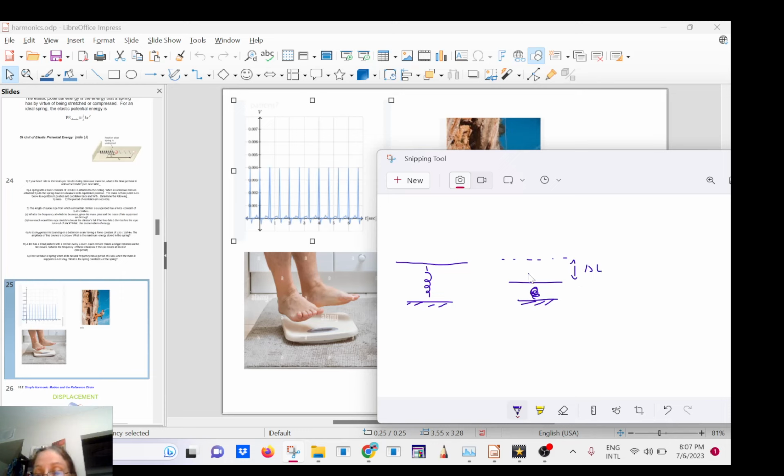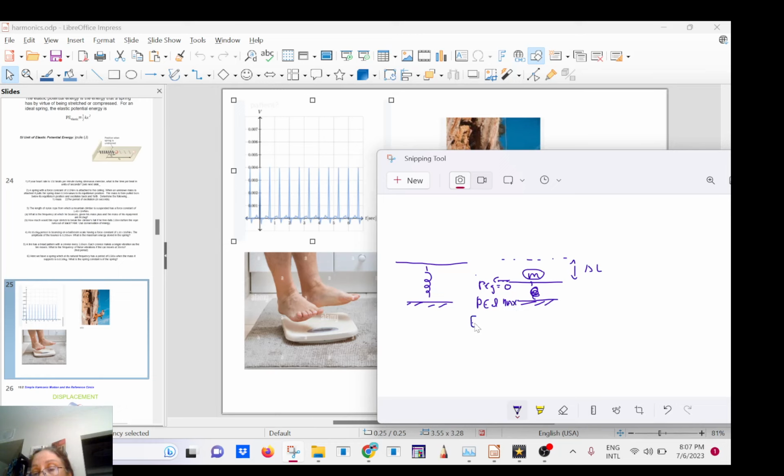And that's you here. You have a mass here, M. So all that energy here is being stored into the spring here. And we can also say that here the gravitational potential energy equals 0, and the potential elastic energy is going to be max.